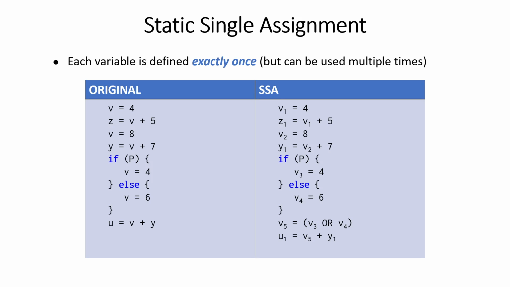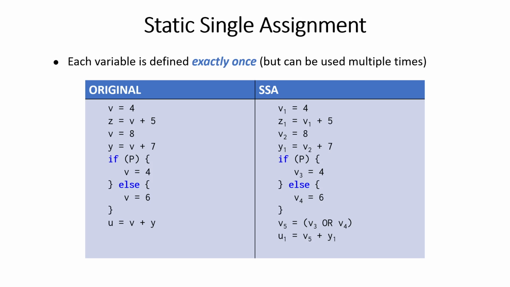Now it gets a bit tricky when we have branching. We have an if: if this condition p evaluates to true, then we set v equals 4. Otherwise, we might set it to 6. Now single static assignment has the problem that it's no longer a unique variable name.